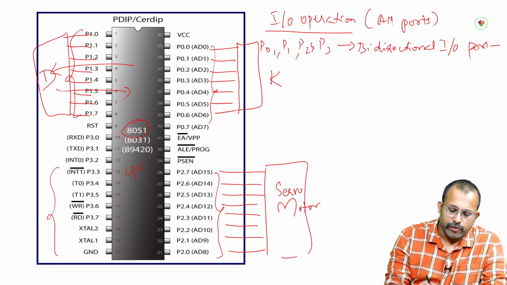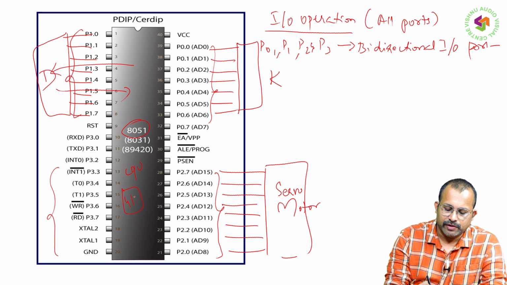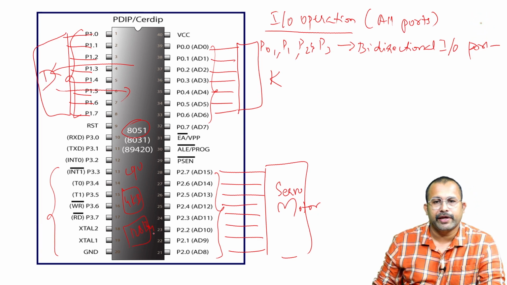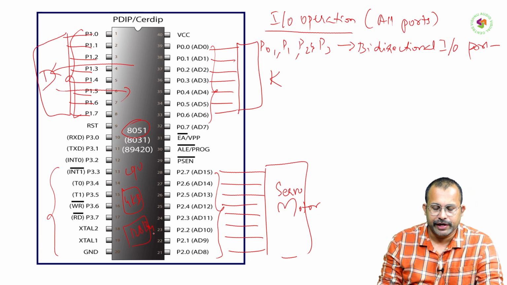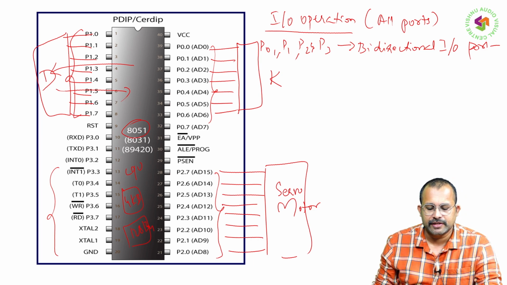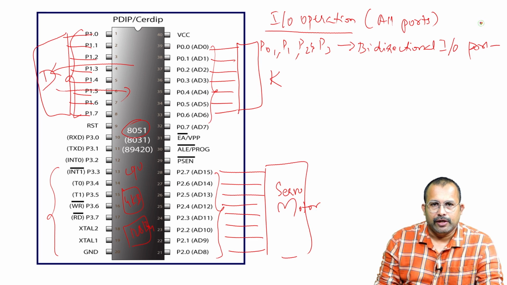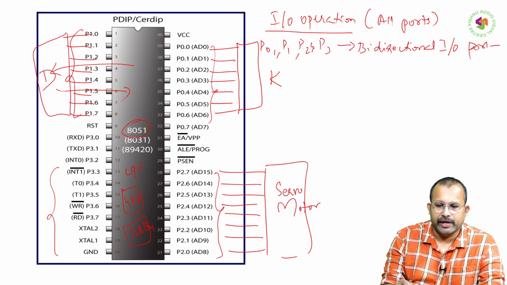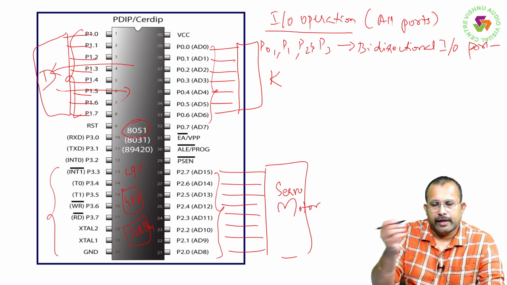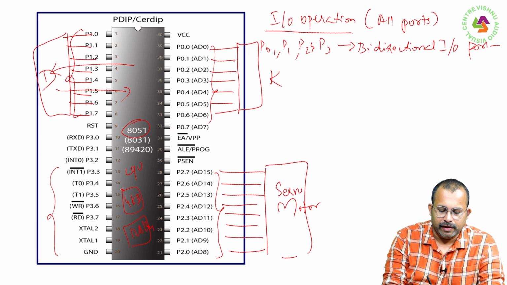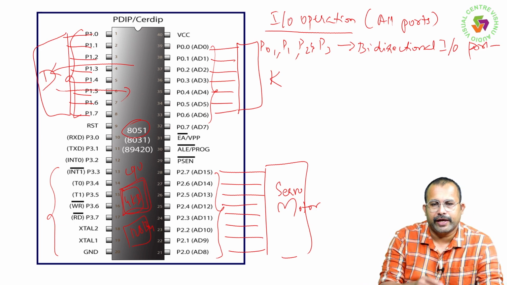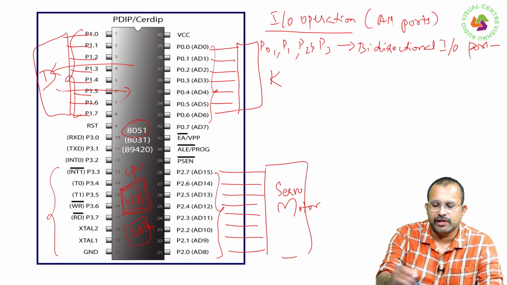As I told you, internal RAM is 128 bytes and ROM is 4 kilobytes. When internal memory is fully used, we can connect external memory. If the memory is not sufficient, we can add extra memory by using these ports.